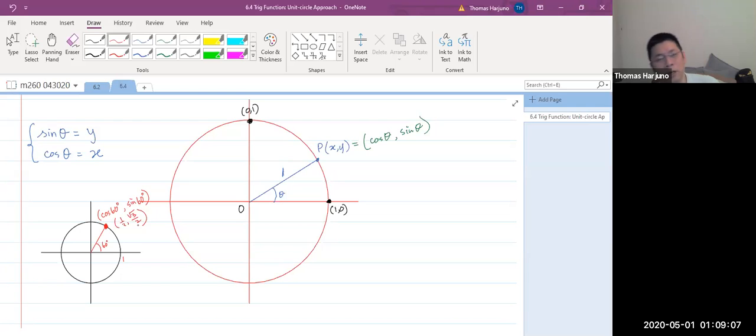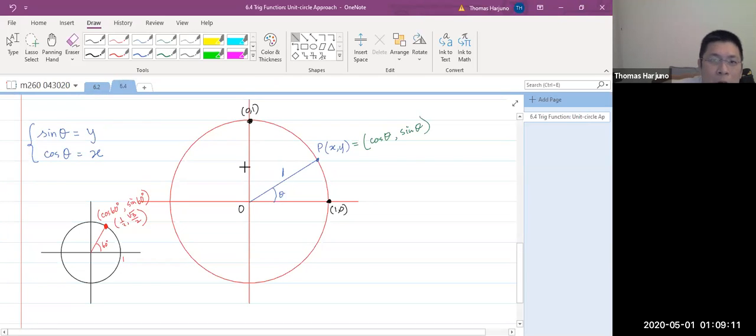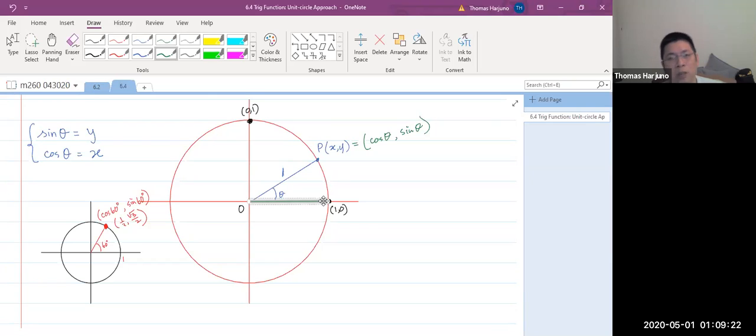Now, from here I go for the last one. I want you to tell me what is the angle associated to this side here. What is the angle associated to this?